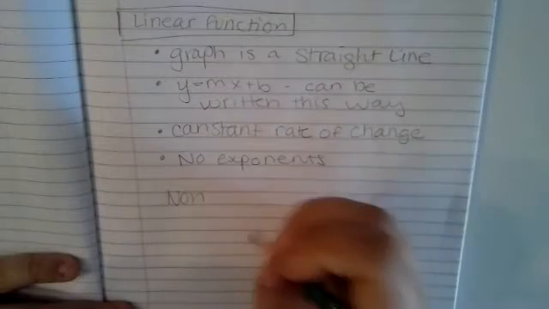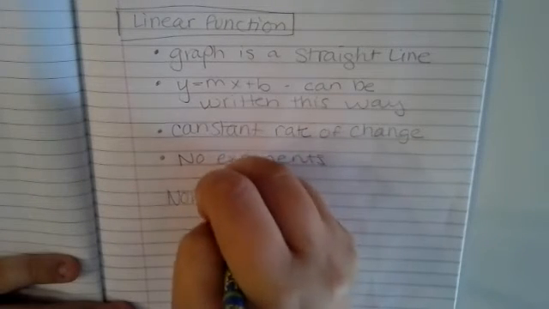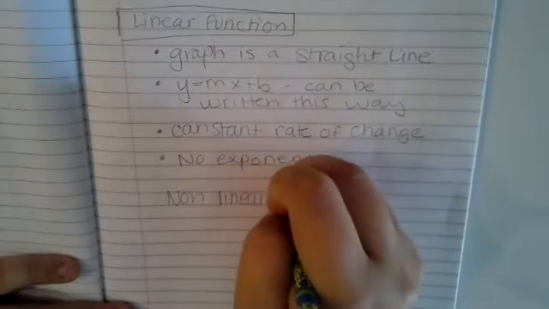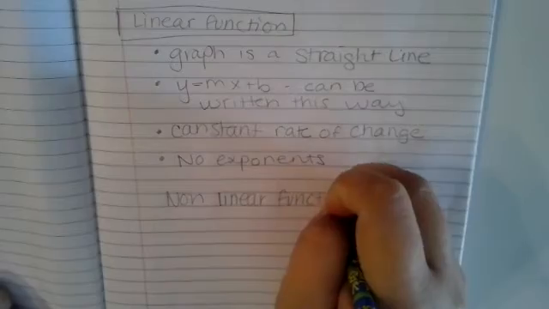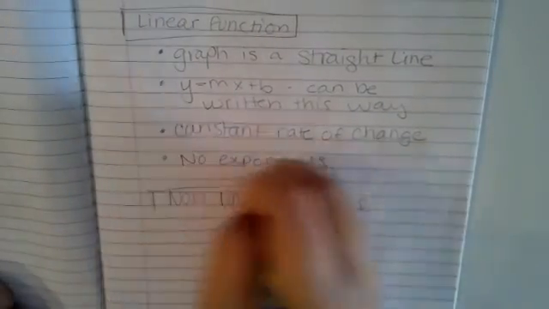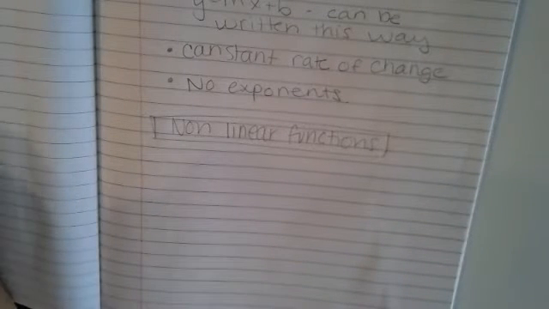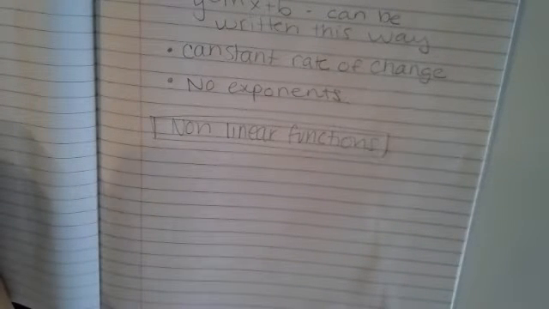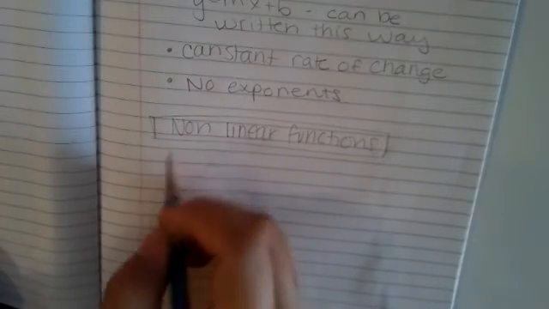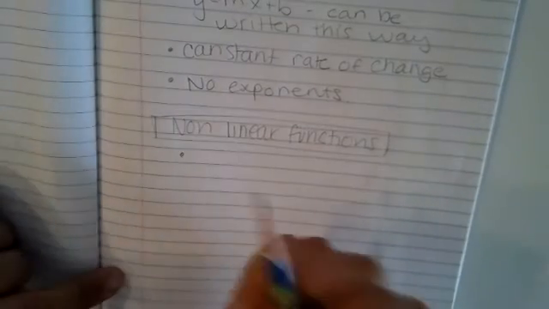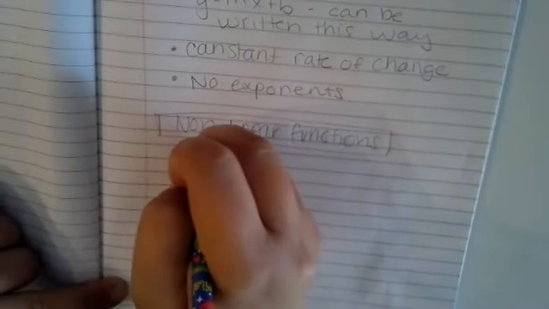Then we have nonlinear functions. When we talk about a nonlinear function, the first thing we need to do is recognize that it's still a function, right? So we need to double check that it's a function, which means that each input has exactly one output.